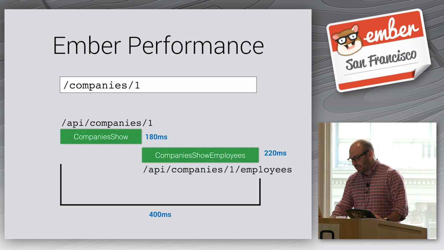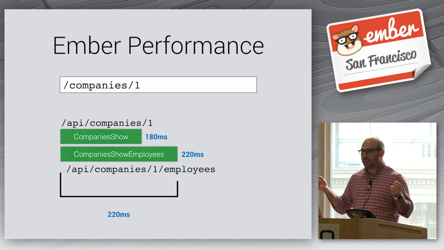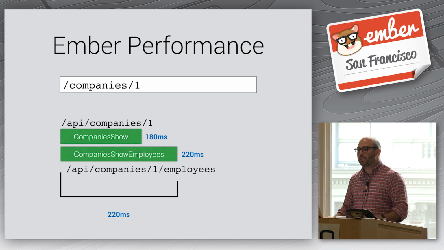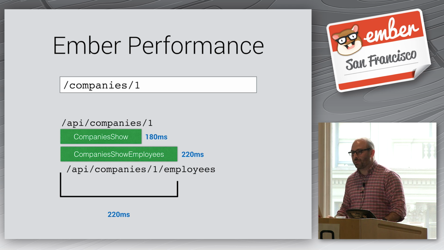So here we can cut this down from 400 milliseconds to 220 because we can already build the URL necessary. We can already send that query out. And there's no need to chain these things in serial unless the second request needs information from the first response in order to be sent out. This is probably what you should be doing.